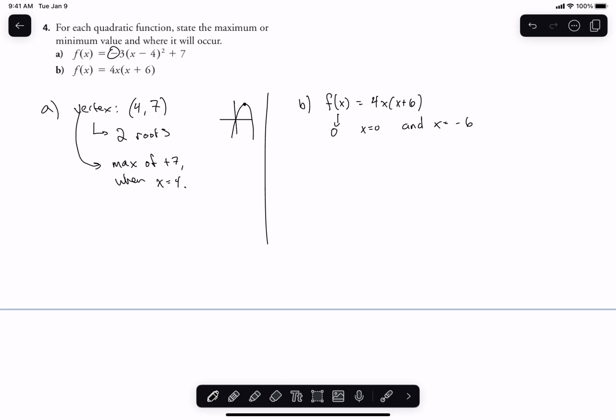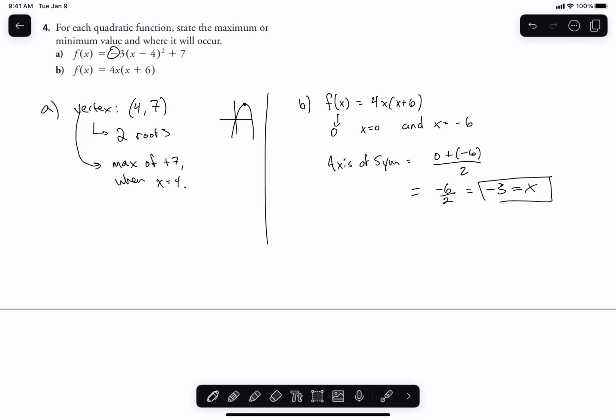We're solving for the x-intercepts. Then I know the axis of symmetry is going to be 0 plus negative 6 divided by 2, right? That's how we find the middle of two values. And so negative 6 divided by 2 is going to be negative 3. That is going to equal x. It's the equation of the axis of symmetry.